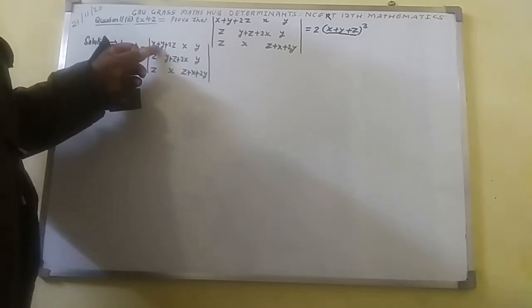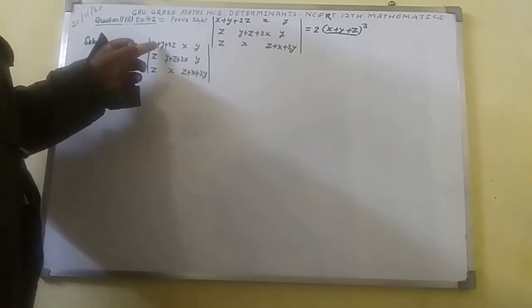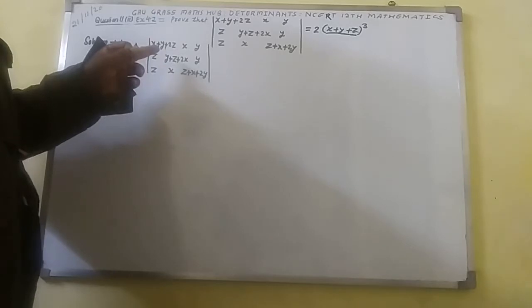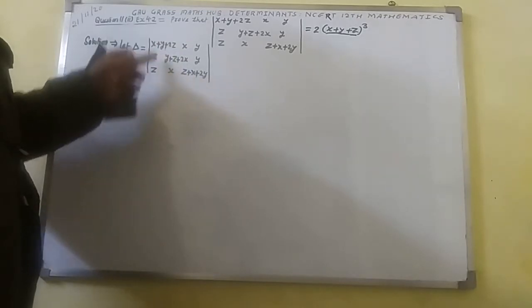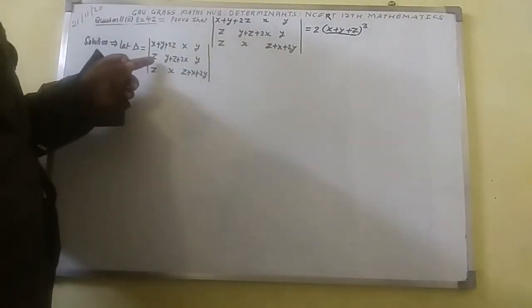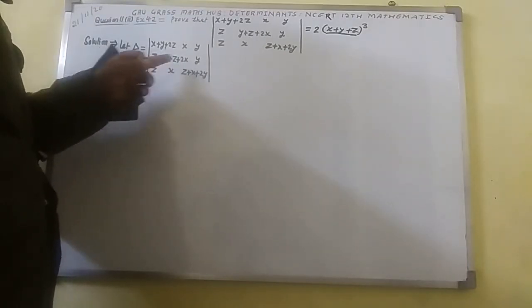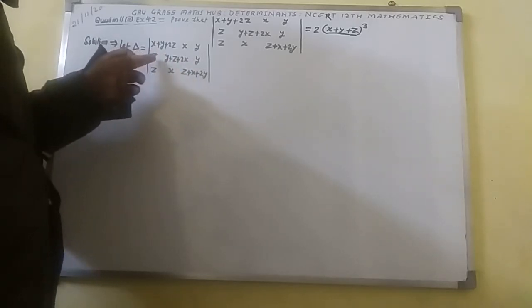So you can easily take 2x plus 2y plus 2z common from the first column. Similarly, this term you add to this one and you get 2z, and adding this term to this term you will get 2x plus 2y plus 2z.